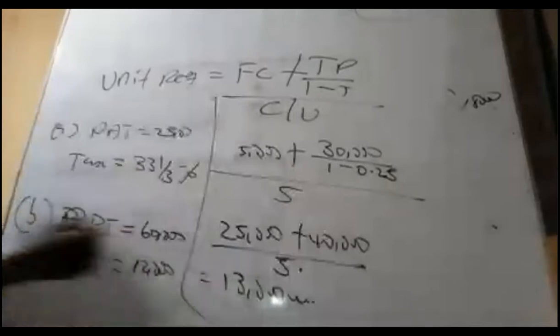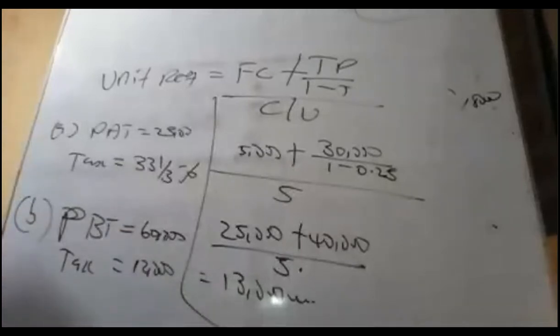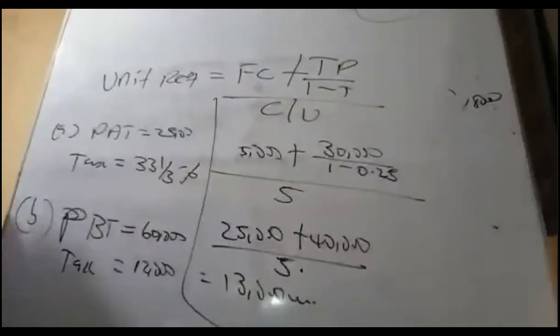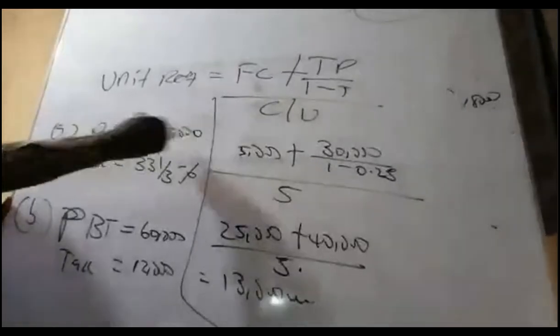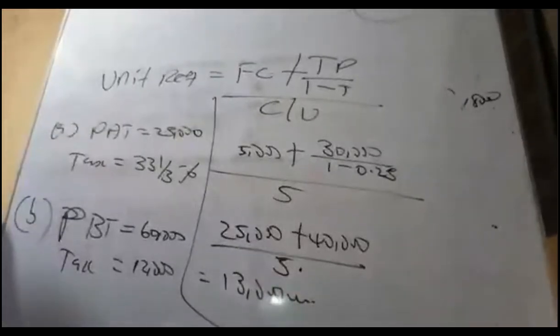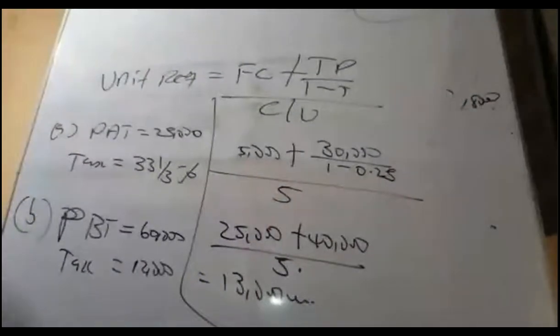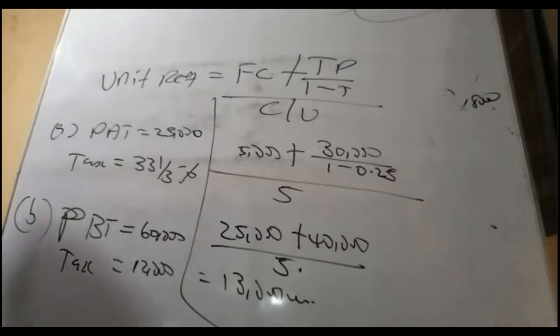Start work. The profit after tax is 25,000, not 2,500. 25,000. Okay, so let's do it together. The first answer is around 12,000. That is the correct figure.